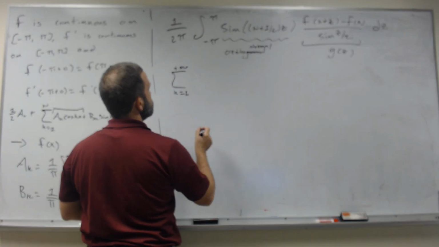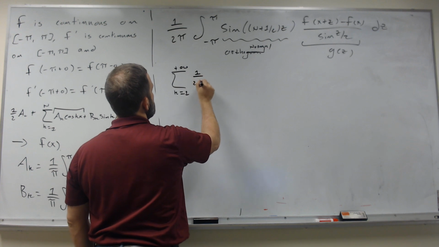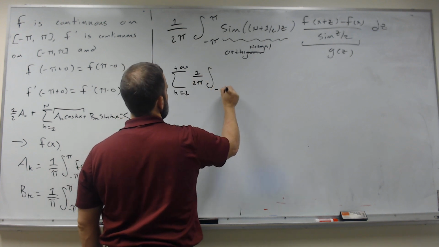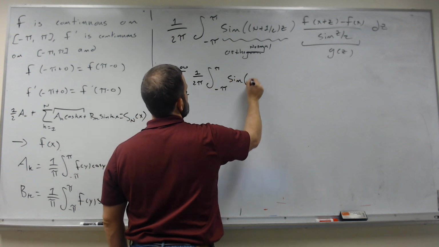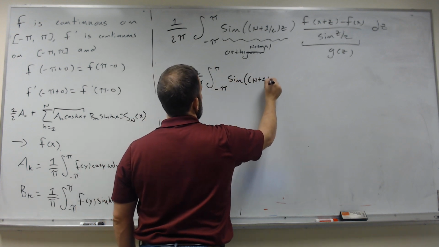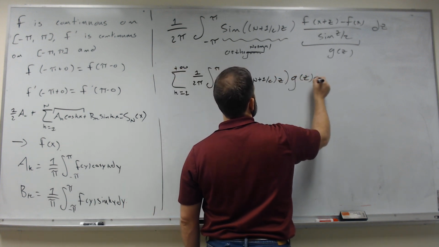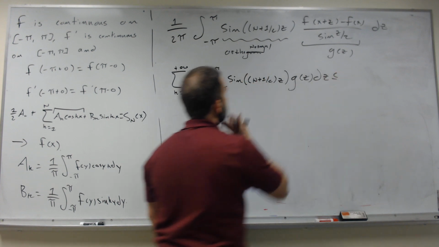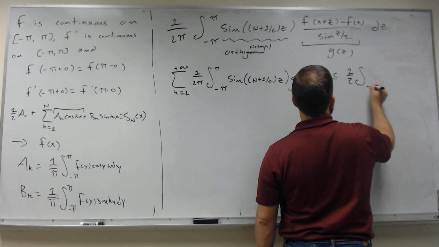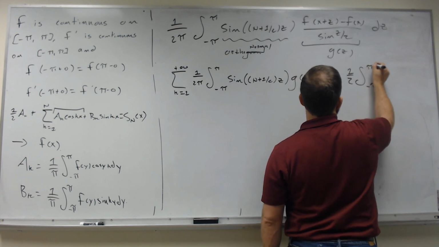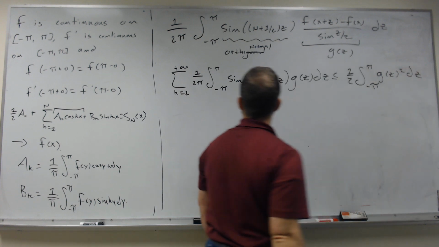So what it tells me then is that by Bessel's inequality, this integral from minus pi to pi of sine of (n plus 1 half) z times g of z dz is less than or equal to 1 half times the integral from minus pi to pi of g of z squared dz.